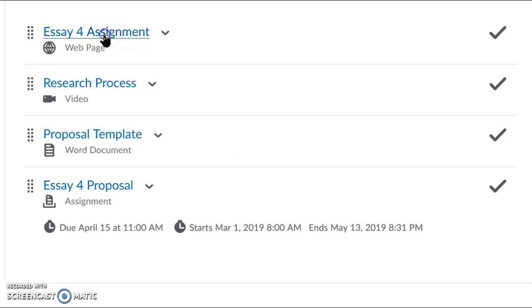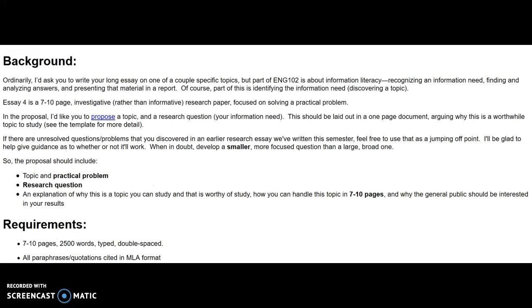Let's go ahead and take a look at the assignment. Ordinarily, I'd ask you to write your long essay on a specific topic, but part of 102 is about information literacy, and the first step in the information literacy process is identifying an information need, a situation where you say, you know what, I need to know more about this. So, what I actually want you to do is to come up with an investigative rather than informative question.